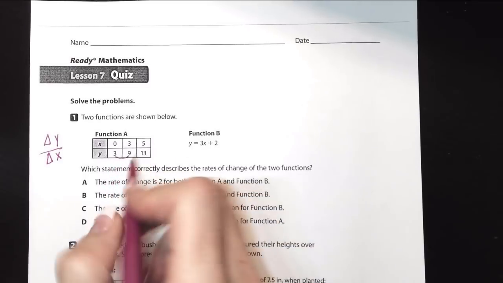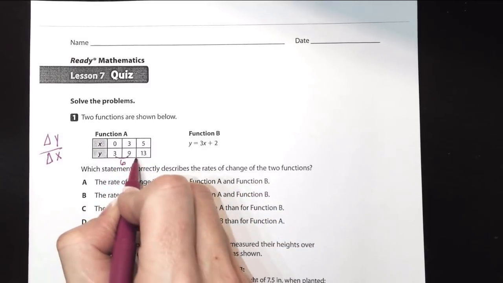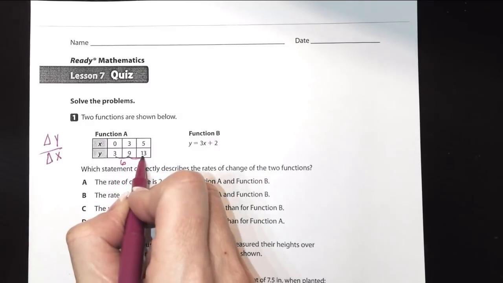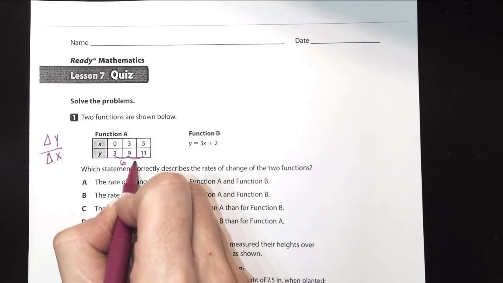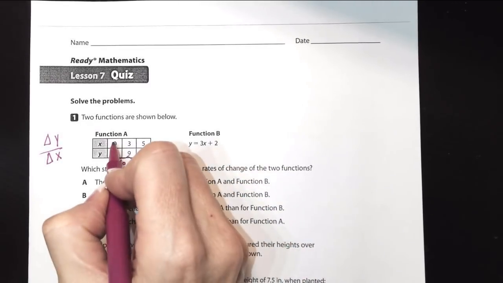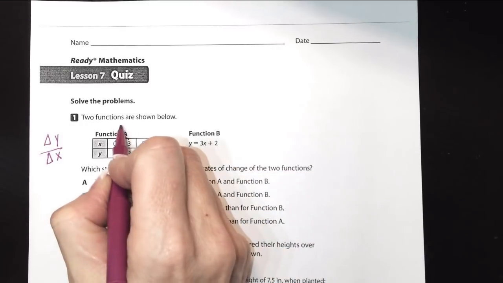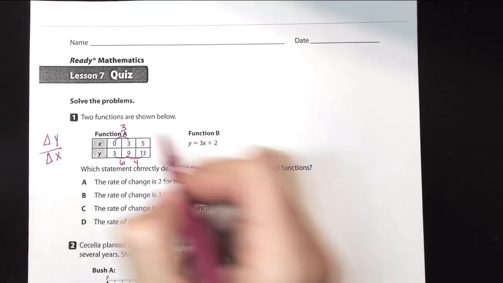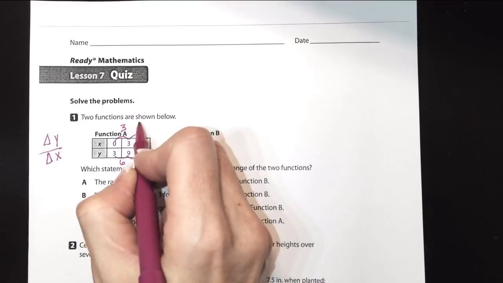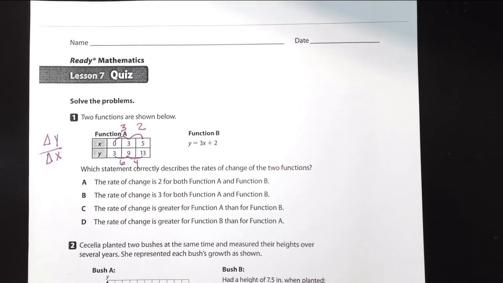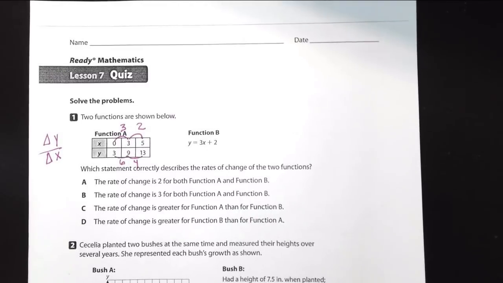So 3 to 9, it went up by 6. 9 to 13, it went up by 4. 0 to 3, it increased by 3. And 3 to 5, it increased by 2. Now, some of you the day of the quiz were asking about that. You said it wasn't the same thing.